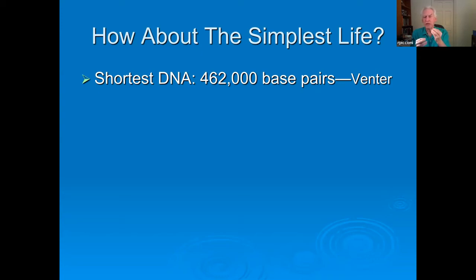And he spent 10 years trying to figure out what that was. And he estimates that you cannot have a self-sustaining life form with less than 462,000 nucleotide base pairs. We have 3.2 billion. So obviously we're a lot more complicated than that. But according to J. Craig Venter, this is the fewest number of nucleotide base pairs that a self-sustaining life form can have.